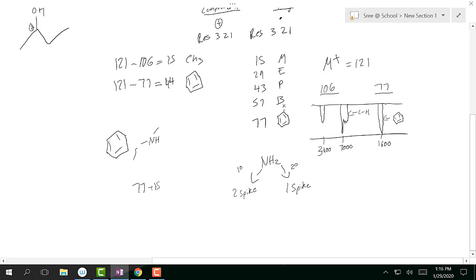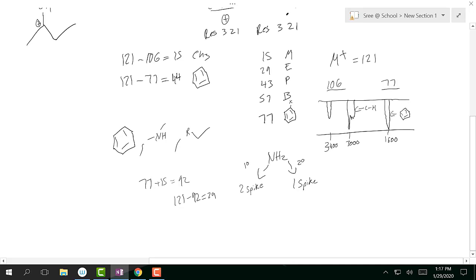So that's 92. So 121 minus 92 is going to be 29. What did you say 29 was? Ethyl. Okay, so this is how you get the remaining pieces. There's going to be an ethyl. So all three of these groups will add up to our M plus value.